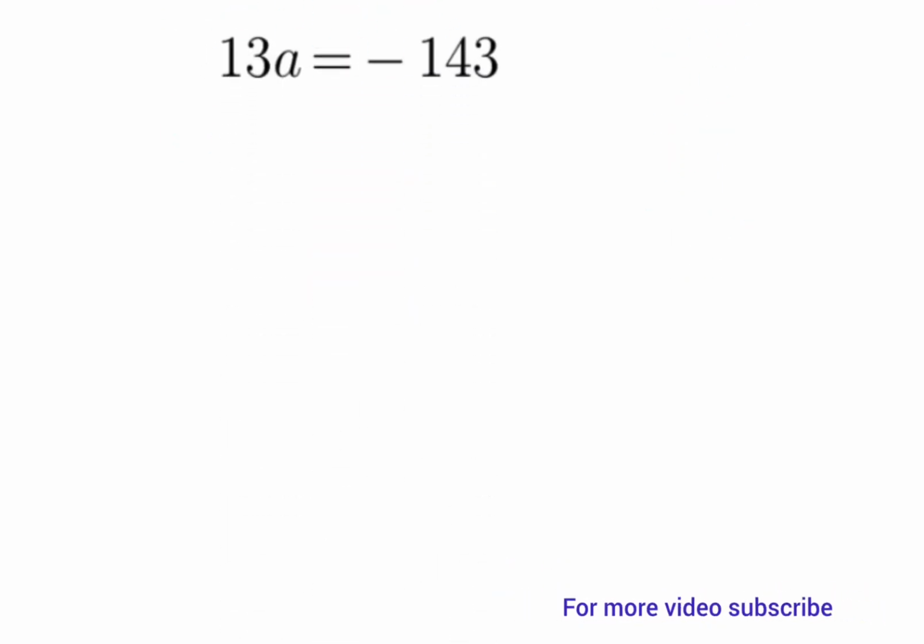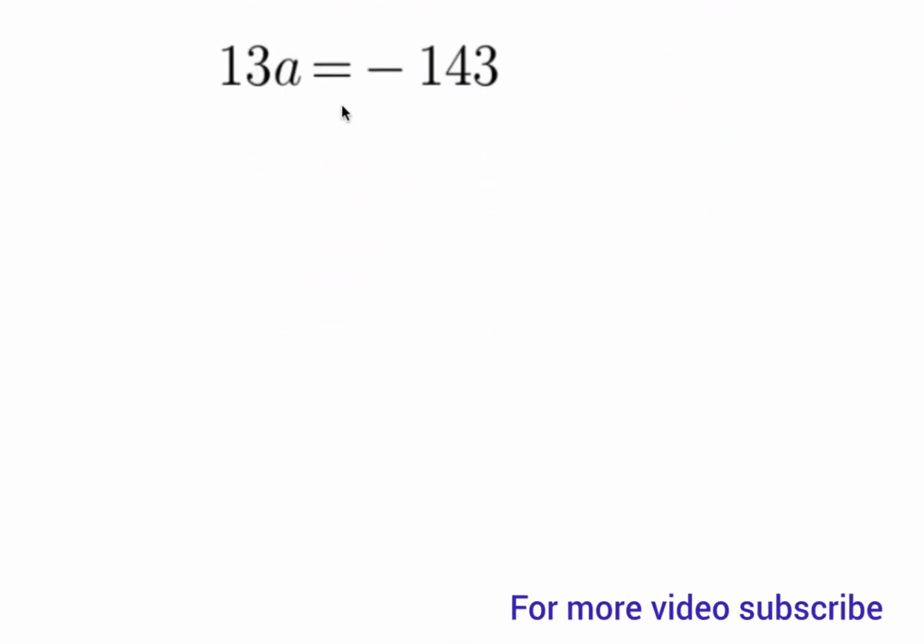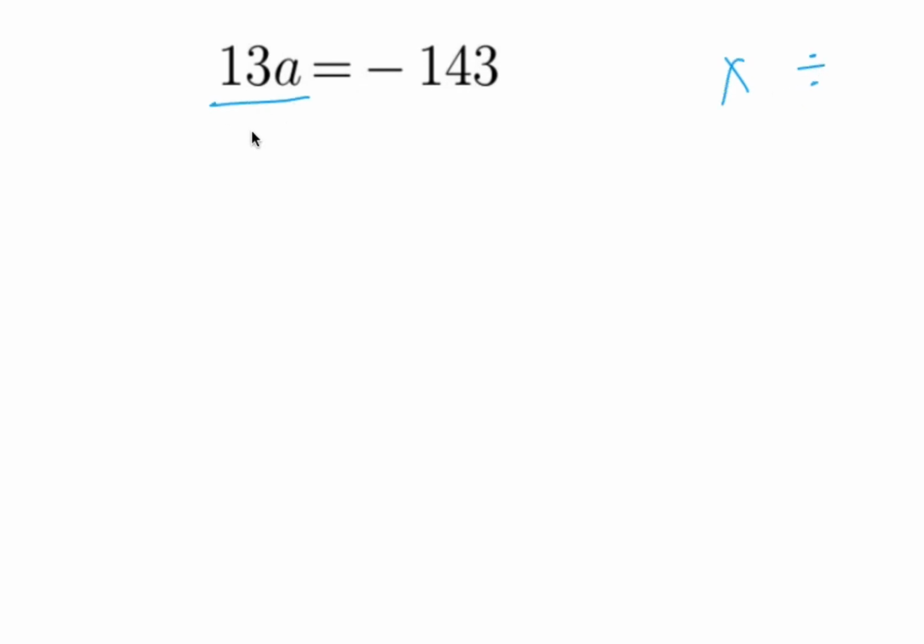Okay, let's do the next question. Here 13a means 13 multiply a. So what is the opposite of multiplication? Division, right? So on both sides divide by 13, and 13 cancels with this 13, and a is isolated.